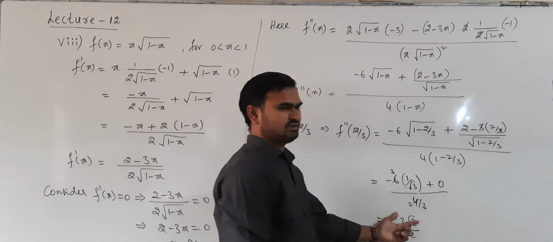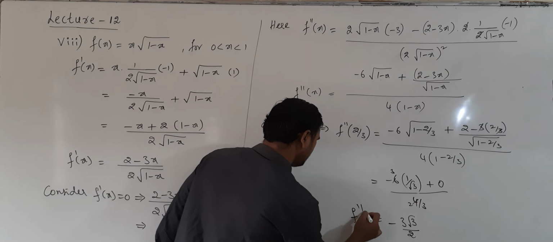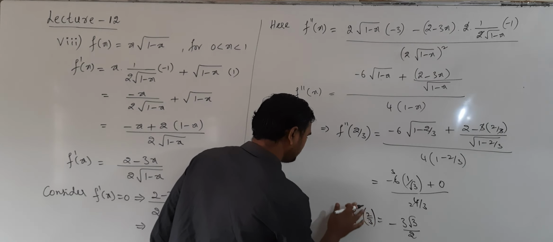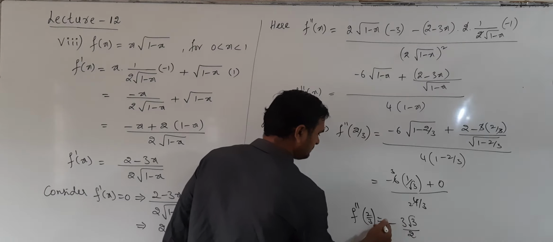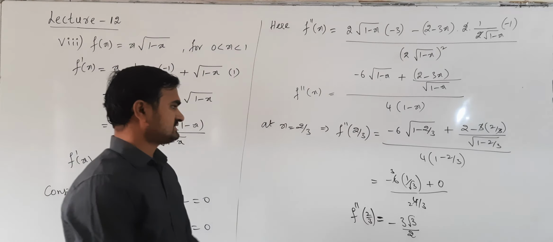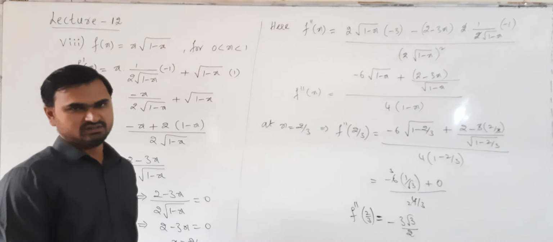So again, the value is not important, only the sign is important. So we came to know that the second derivative at the critical point 2 by 3, f double dash of 2 by 3, is negative. So second derivative is negative means the function will have a local maximum value. Okay.